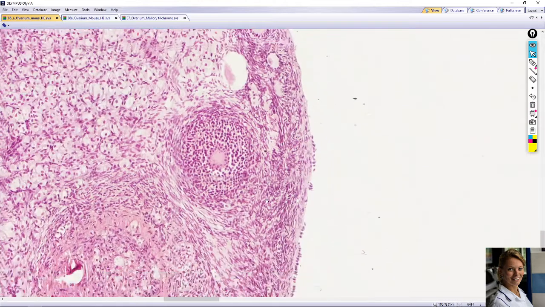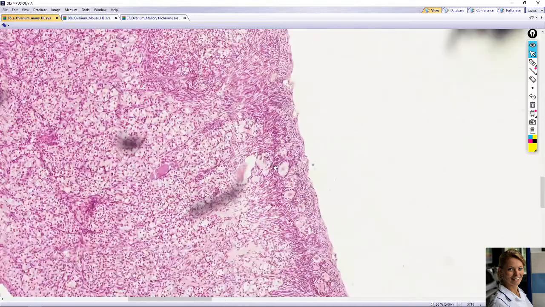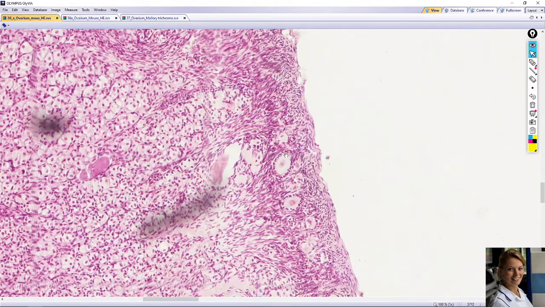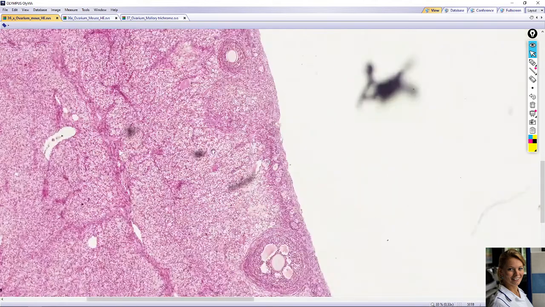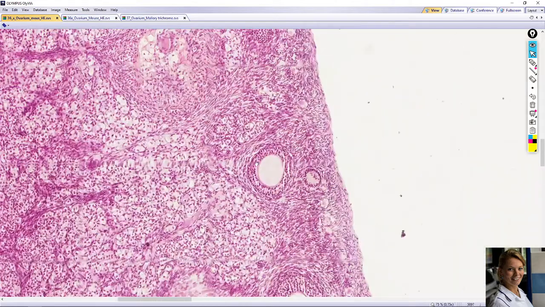So maybe I show you another primary follicle here, and here it's only with one layer of cuboidal cells. And here you can see many layers of follicular cells or granulosa cells. Here you can see bigger oocytes.